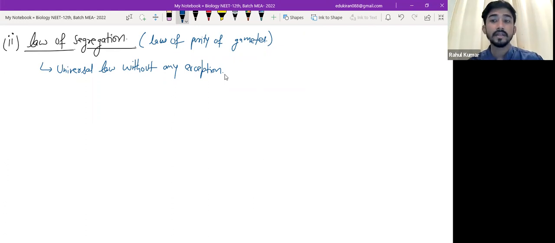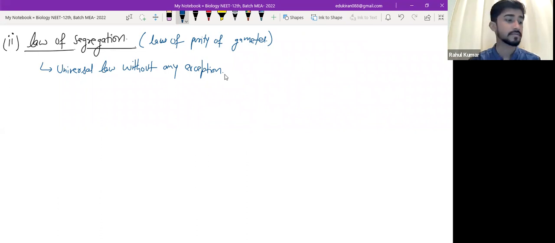And both the traits, for example, capital T is bringing the tall trait, small t is bringing the short trait, but both these traits are recovered as such, as they are, without any blending. Both the traits are recovered as such in the F2 generation. You understand?